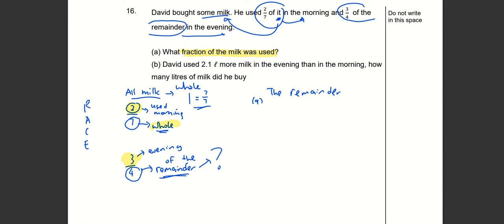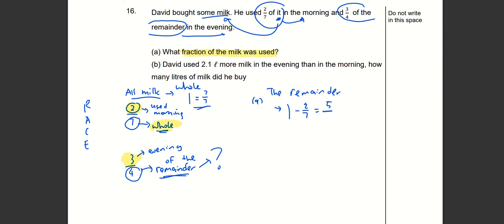But they are of different denominators, so you need to figure out what's the remainder first and what's 3/4 of the remainder.